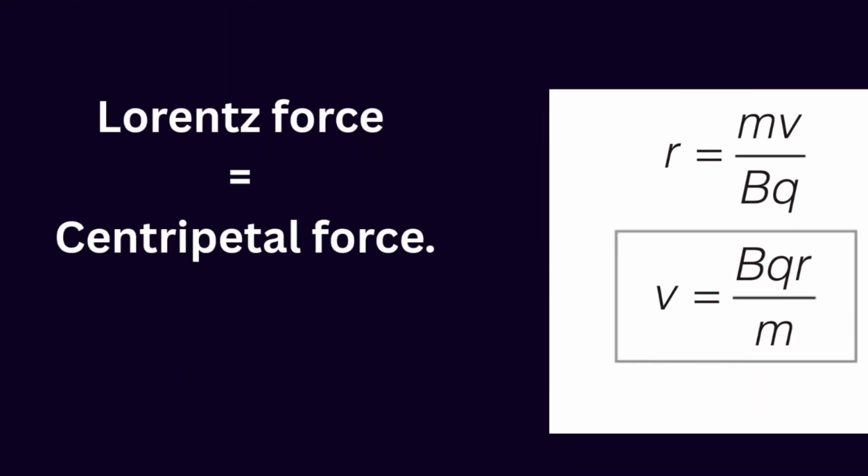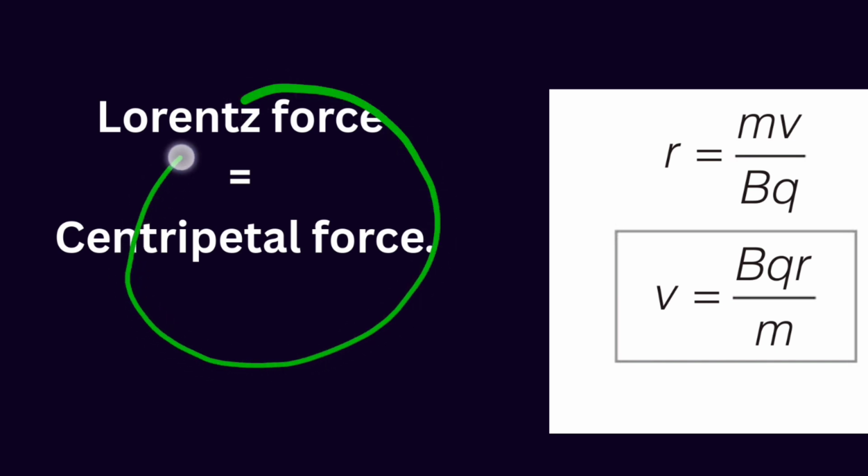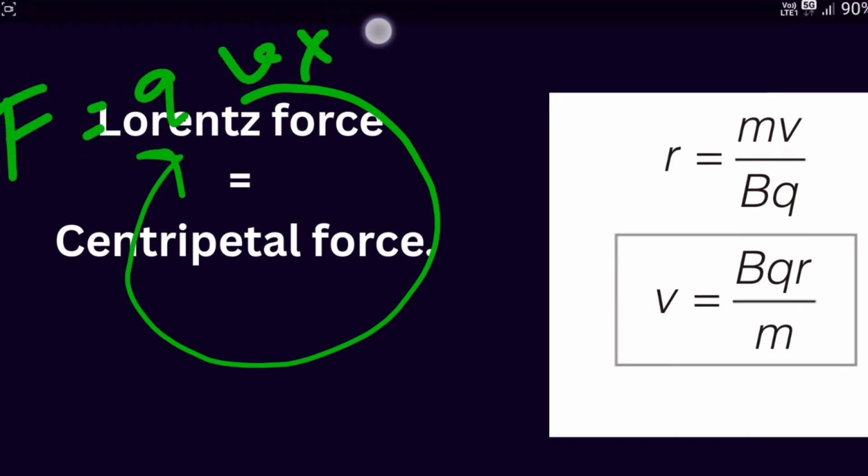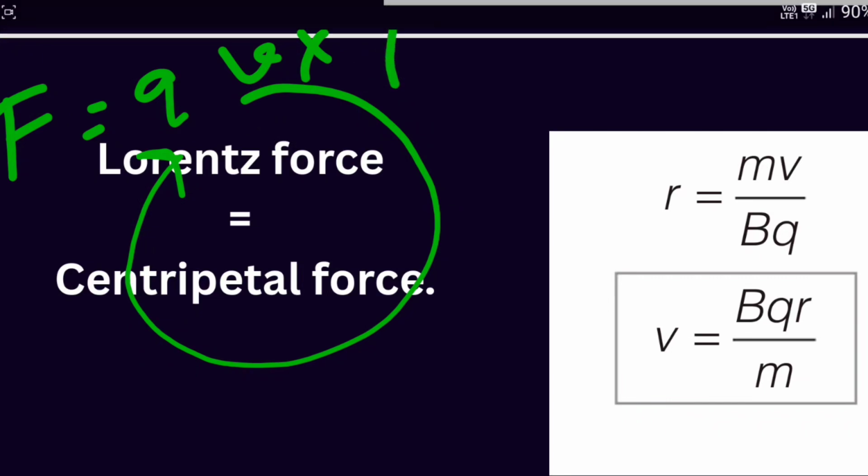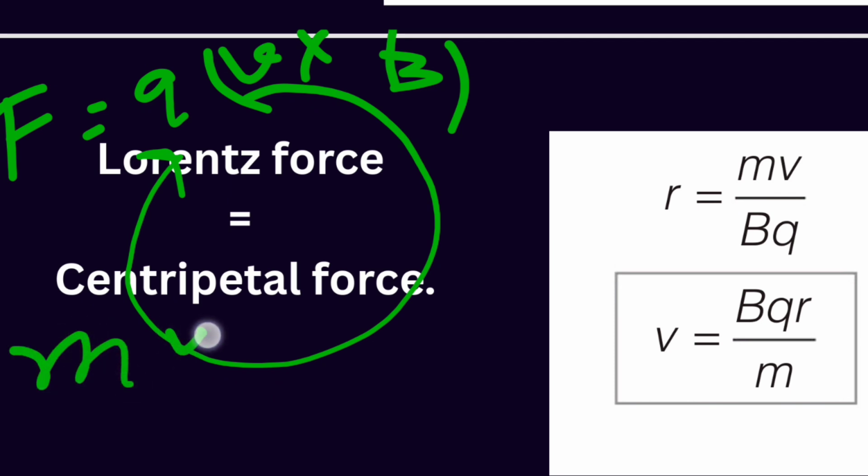Now, in that radius, the charged particle goes. So, the Lorentz force F equals q v cross B, and the centripetal force is m v squared by r.